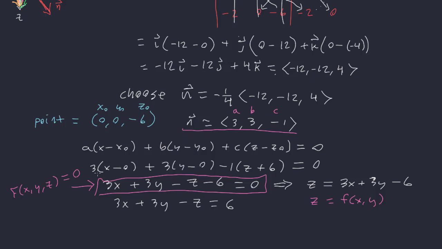Okay, so just showing this to show that a lot of times they can both be set up in the same way, because if you just move the z over and call this capital F of x, y, z, you get it into this form. So this is just a more general form of what we're dealing with here.